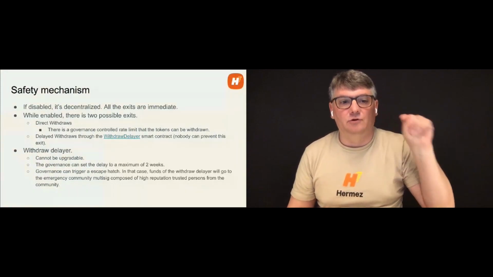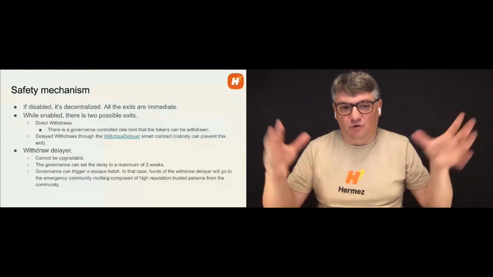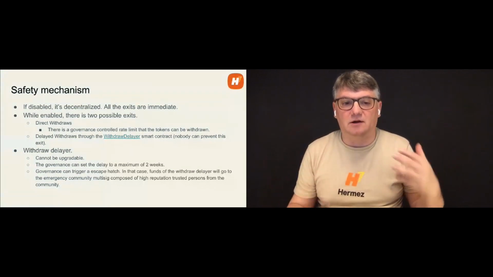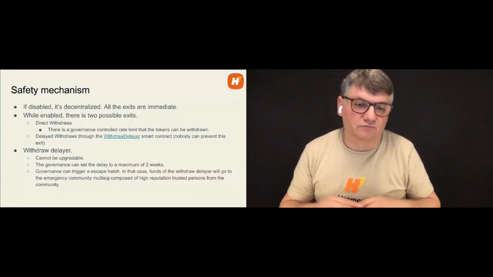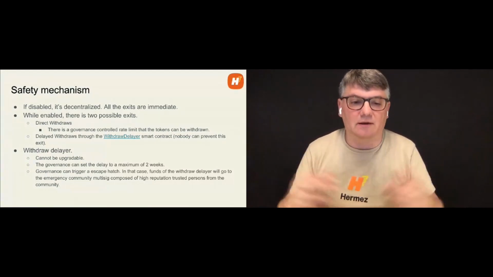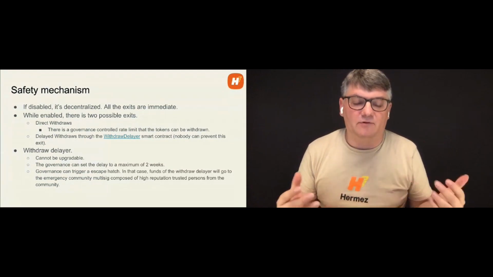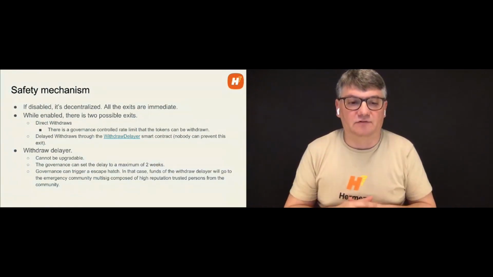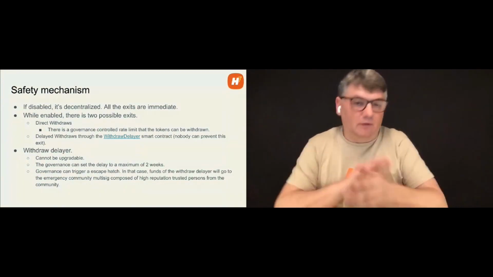Then what we'll do is we have an escape hatch, and the funds in this withdraw delayer will go to some multi-sig with trusted members of the community, some white hats and people that are trusted, but it's not us. As I told you, we want to disable all these mechanisms.